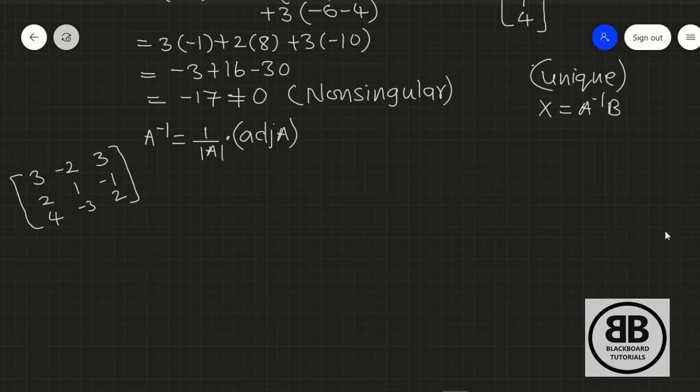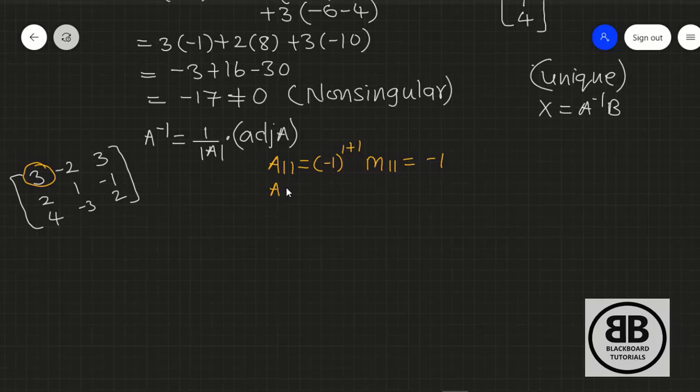So how will you find cofactors? The cofactors are given by A11. A11 is equal to minus 1 to the power 1 plus 1 M11, where M11 is the minor of first element. So this will give us minus 1.